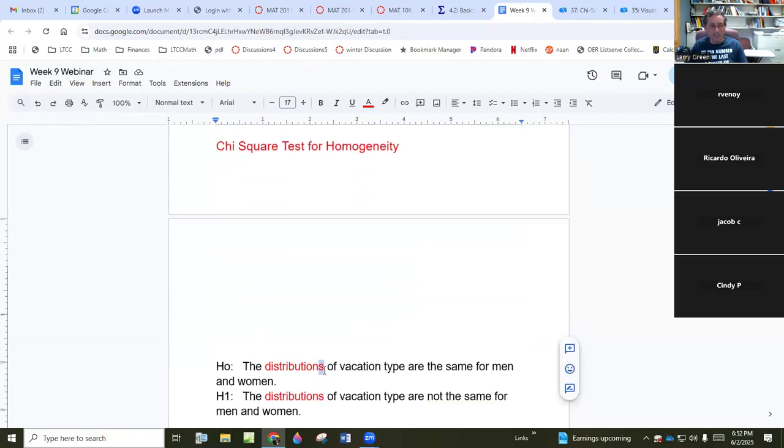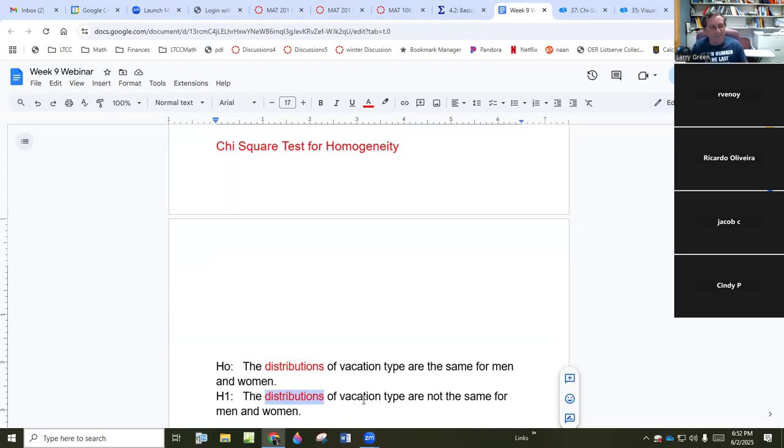So the distributions of vacation type are the same for men and women. And H1 is the distributions of vacation type are not the same for men and women. Notice I said the word distributions very loud because that's required if you're going to be doing a test for homogeneity. You have to have that word in there in our class, so write some notes so that you make sure that happens or you lose points.